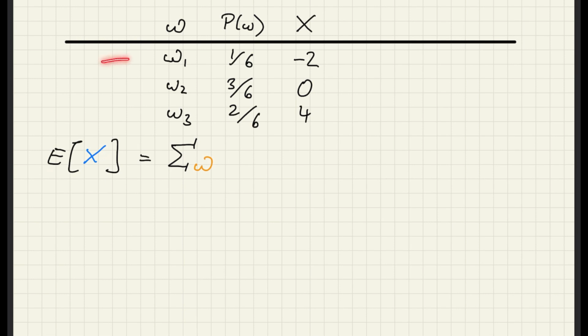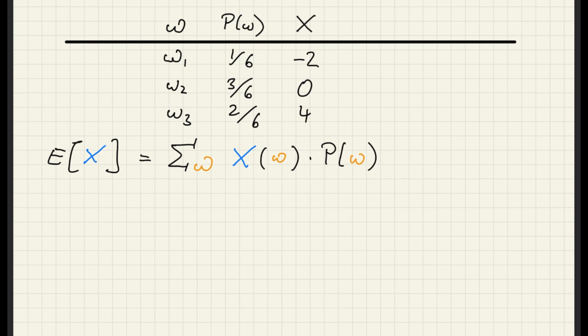So every row here gives information about an outcome. So what we're doing here is iterating over the rows and summing numbers. Specifically, we take the value of x for the outcome and multiply it by the probability of the outcome.